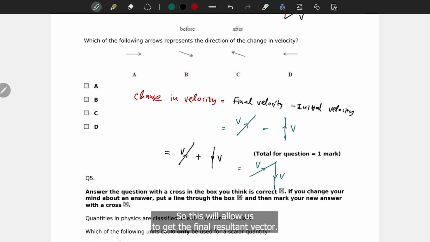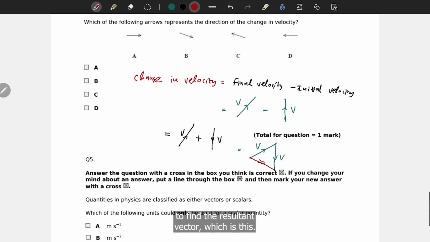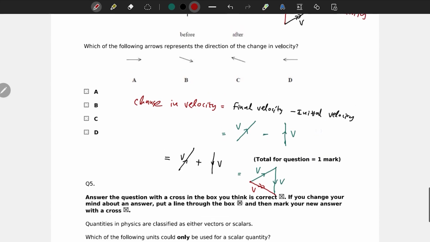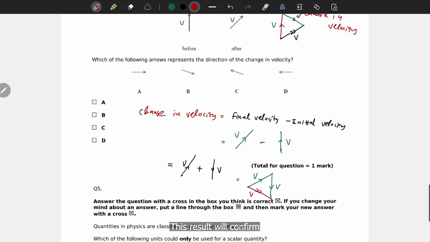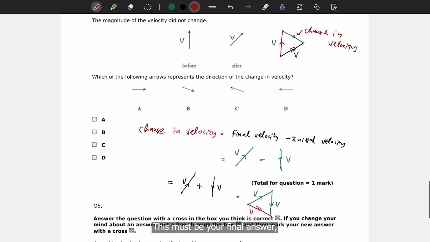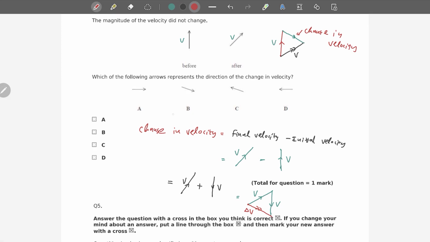This will allow us to get the final resultant vector. So now connect the starting point and the ending point of the vector, which directly allows you to find the resultant vector, which is this, right? So now this is the confirmation. This result will confirm this must be your final answer, which is delta v here, not v, my bad, it's delta v. That's a change in velocity. So we can go with this answer.